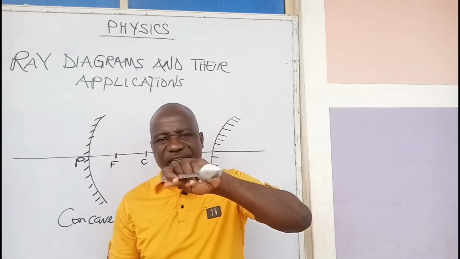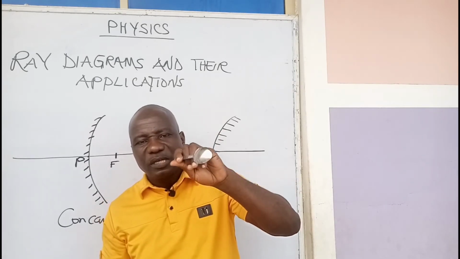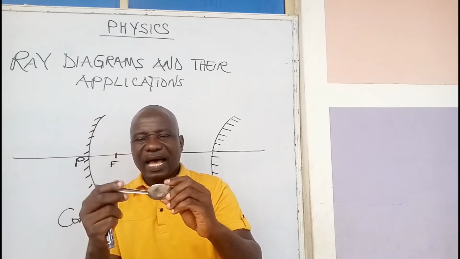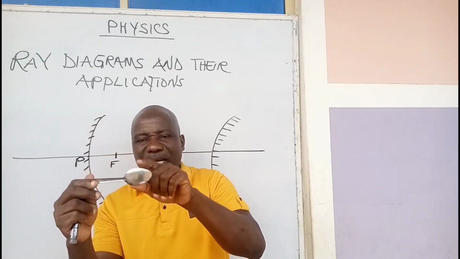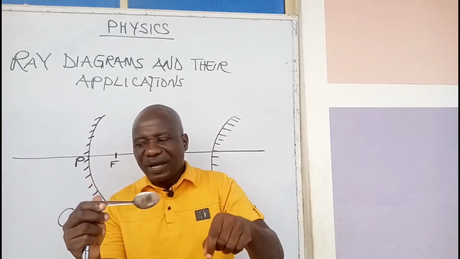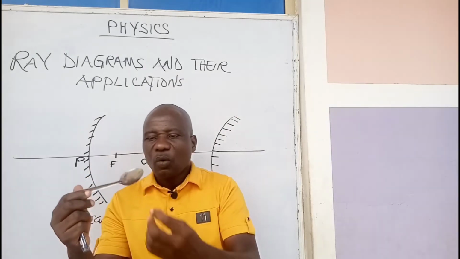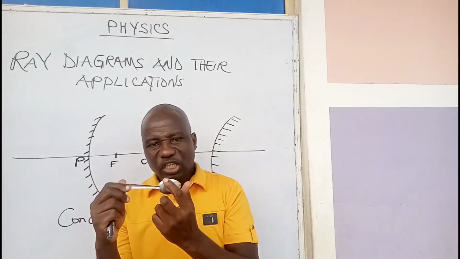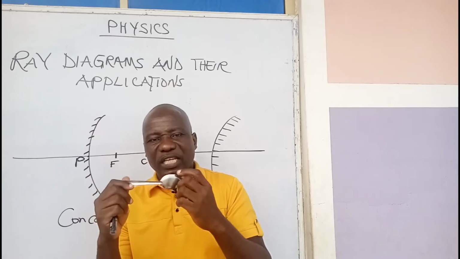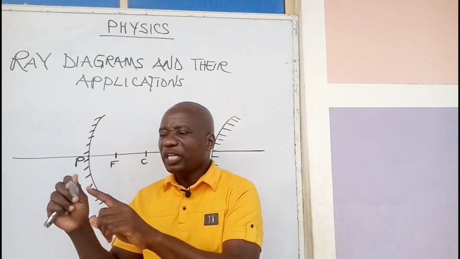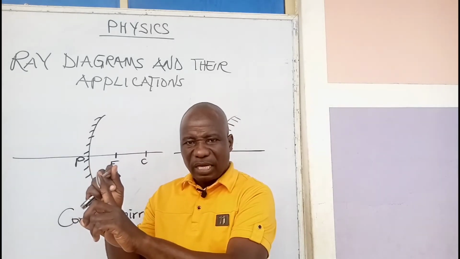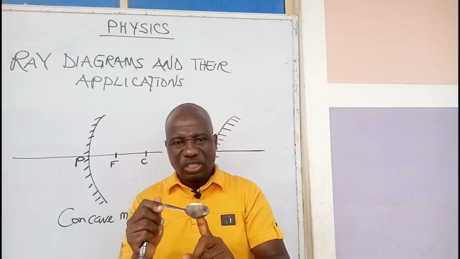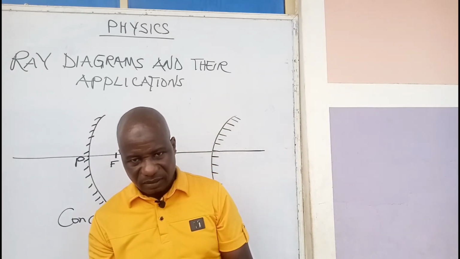Now, part of the characteristic of images formed by the concave and the convex is that, as we progress, this one produces an inverted image. Inverted means upside down. While this one always produces an upright image, irrespective of where the object is placed. But this one can produce inverted as well as upright, depending on the position where the object is placed.